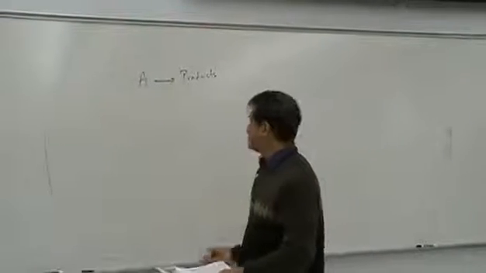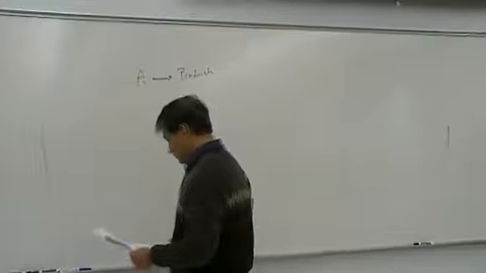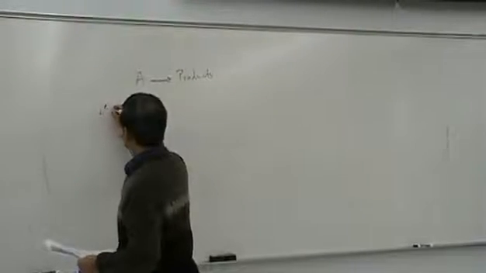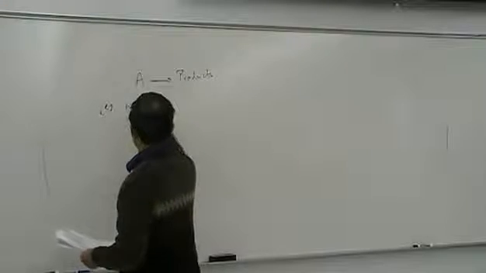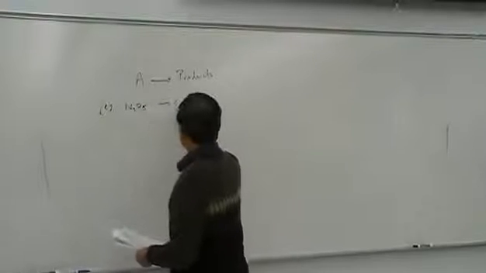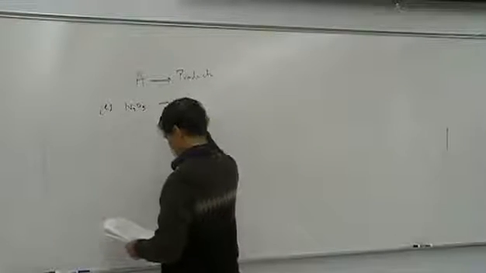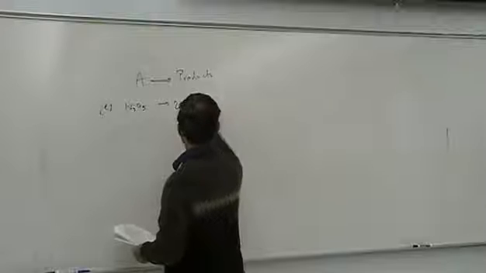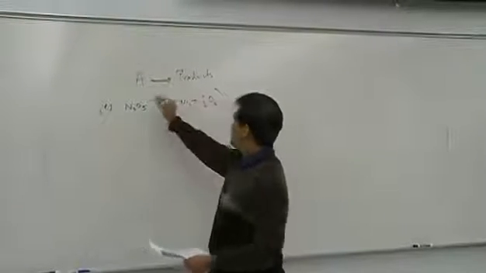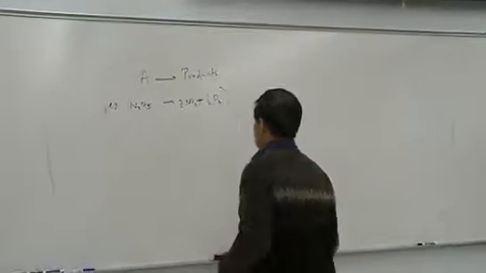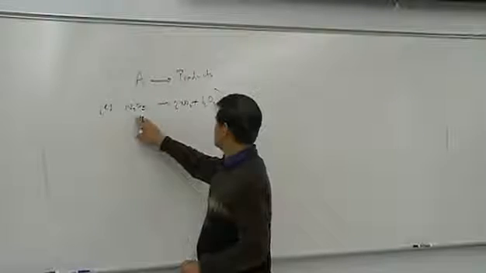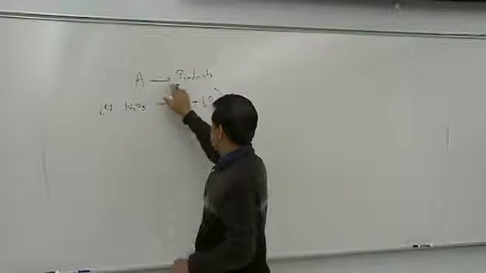And this could be like N2O5 giving NO2 plus O2. Let me write down as an example so that you don't get confused. It could be N2O5 giving 2NO2 plus half moles of O2. So in general, we often write down in terms of A and B. That should not make any difference.